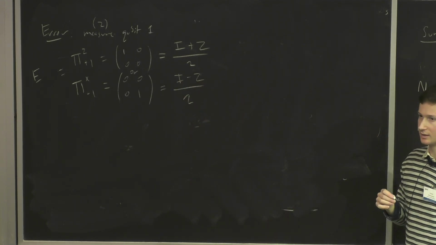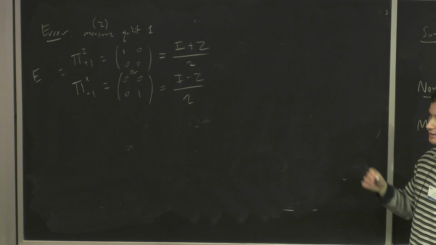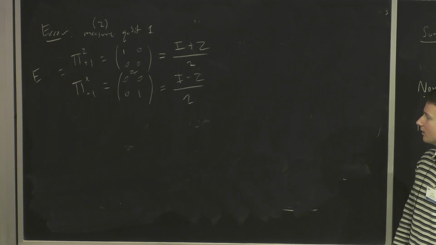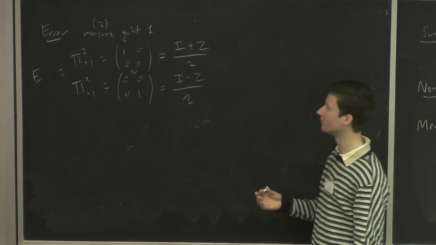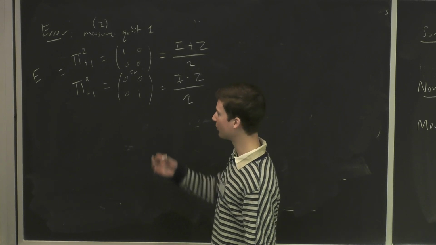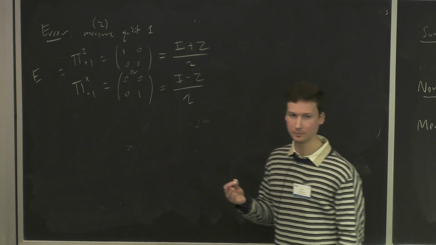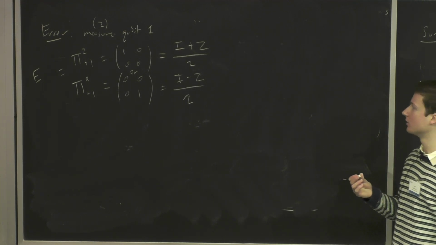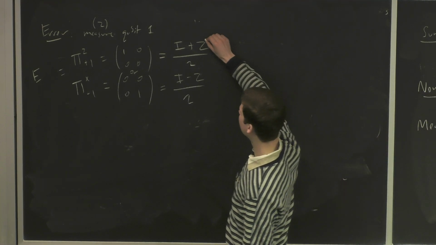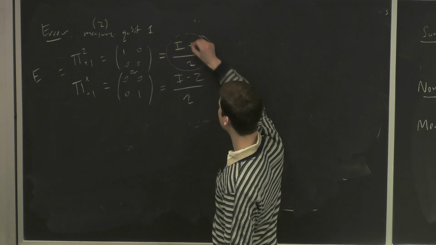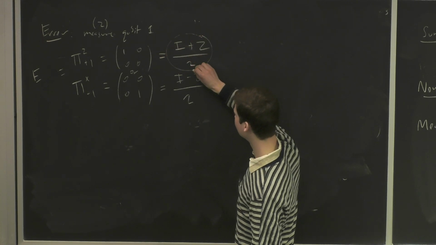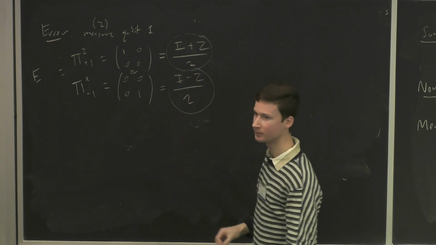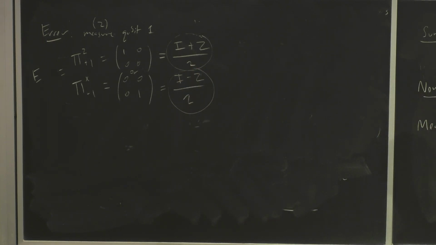You can just check that these equations hold. So if our error is a projector, which is a non-unitary error but something we can still physically implement, then either we're applying I plus z over 2 or I minus z over 2. And in both cases, we have a linear combination of Paulis.